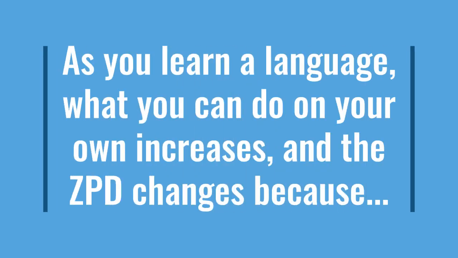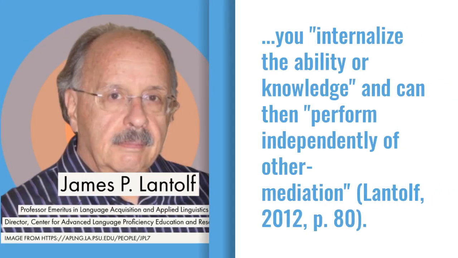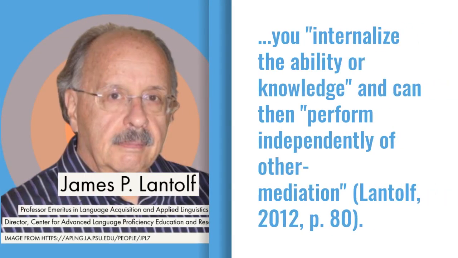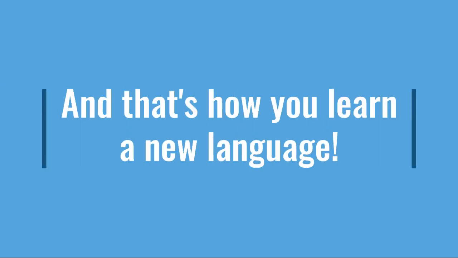As you learn a language, what you can do on your own increases, and the zone of proximal development changes because you internalize the ability or knowledge and can then perform independently of other mediation. And that's how you'll learn a new language, at least according to sociocultural theory.